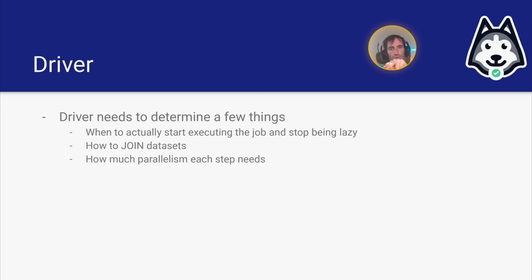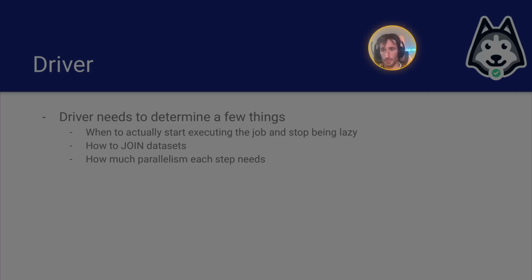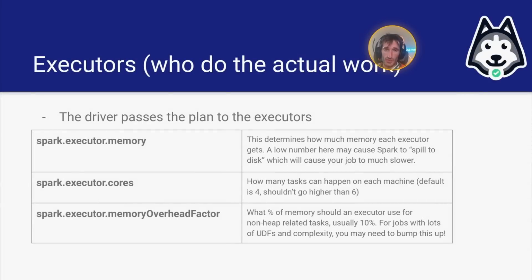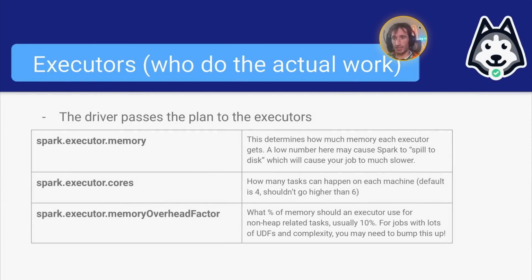And then when you join, you get into the parallelism step, which we're going to talk about in a second, and that is how much parallelism happens after a join or something like that. So those are the three things that the driver really is all about. And if you can get the driver to do these things the right way, then you can have way more efficient Spark jobs. So let's talk a little bit about the executors.